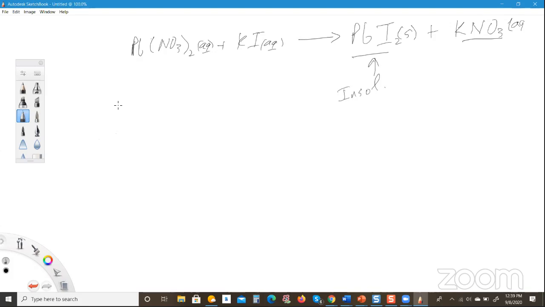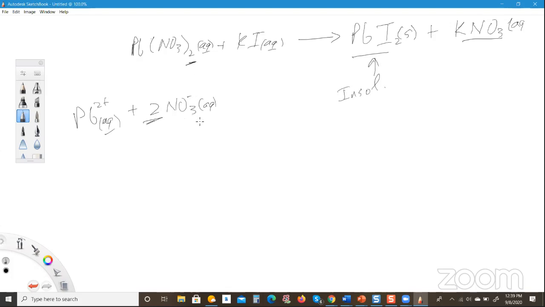So the lead(II) nitrate will dissociate to form Pb2+ aqueous, and please do not forget the state symbols, very important, plus 2NO3- aqueous. And of course, we have the 2 here because of the 2 here, right?